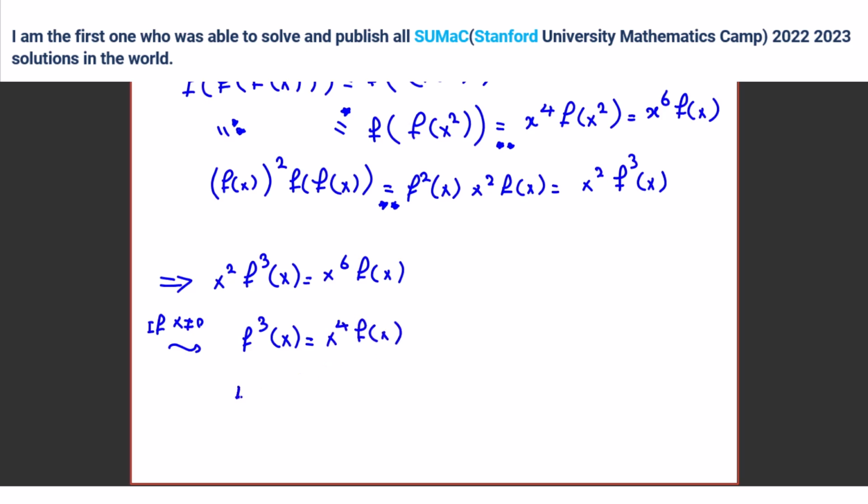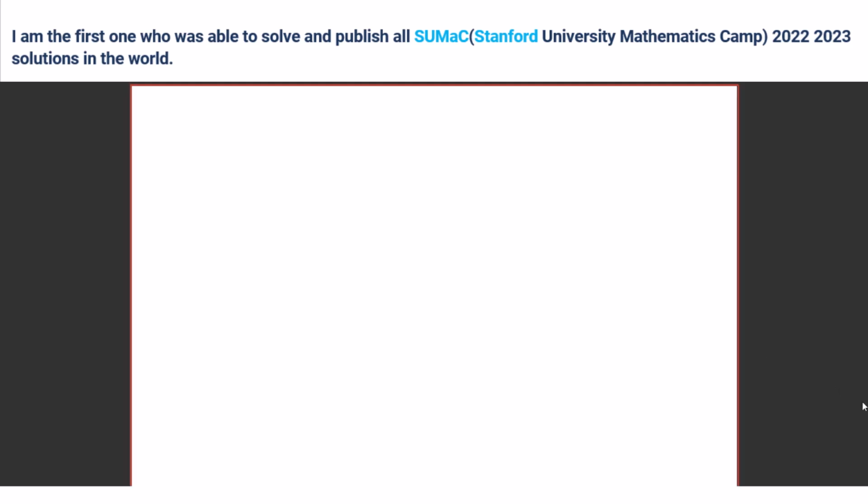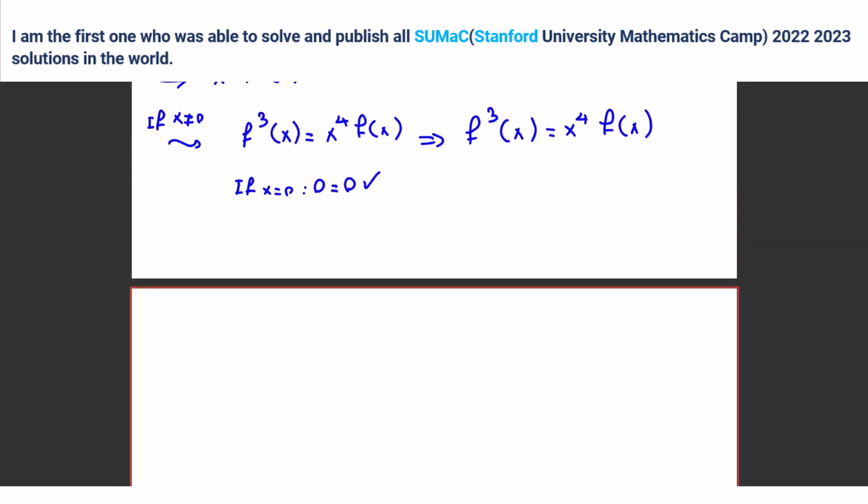Do you agree if x is 0, this equation also is correct because 0 is equal to 0, because f of 0 is 0, right? So we can say this one is always correct: f cubed x is equal to x to the 4 times f of x. Now we want to divide both sides by what? f of x, exactly, under the condition that it is not 0.